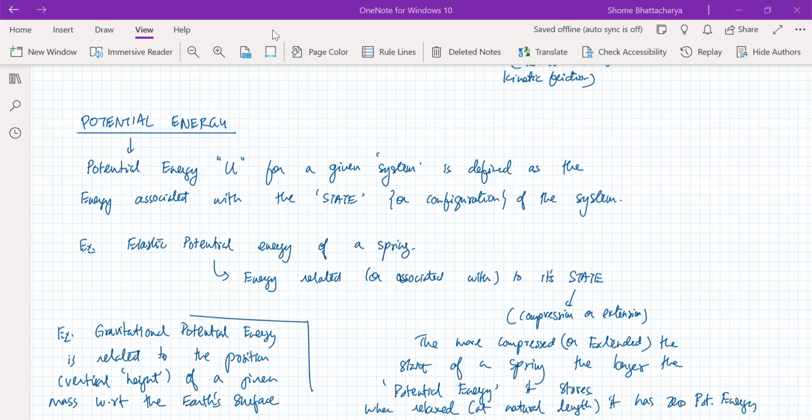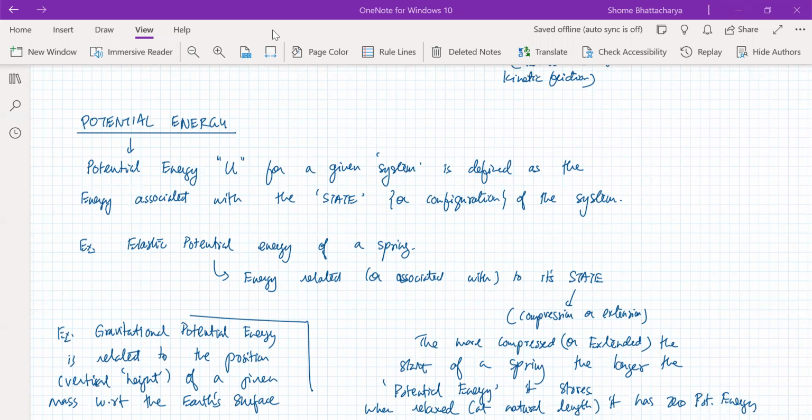So could you please explain that compressed part? Yeah, see, if you compress a spring from its natural length, you have to push it against the spring force. The spring force will try to restore it back to natural length. So the work done by the external agent pushing the spring into compression will be what type of work done?